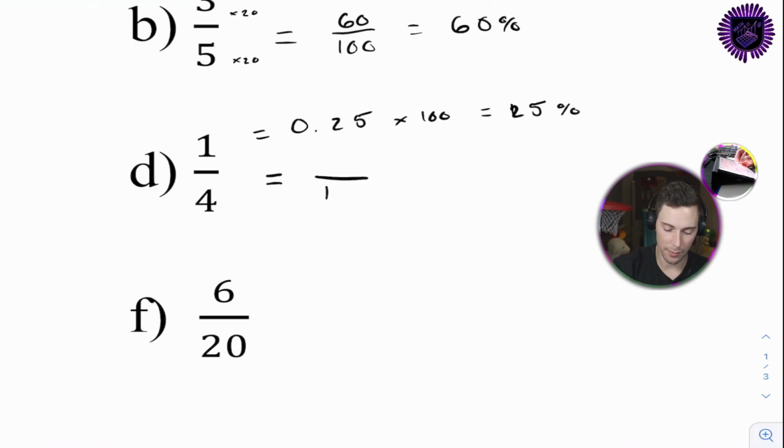It's equal to something over 100, which is 25 over 100, right? 4 times 25 and 1 times 25 creates that equivalent fraction in percent form, and then we can simply write that as 25%.